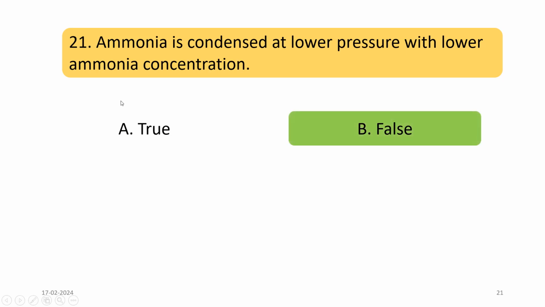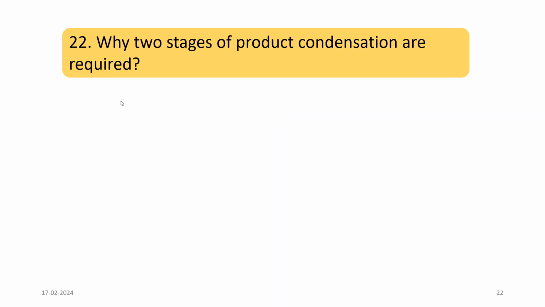Next question is, why are two stages of product condensation required in case of ammonia production?